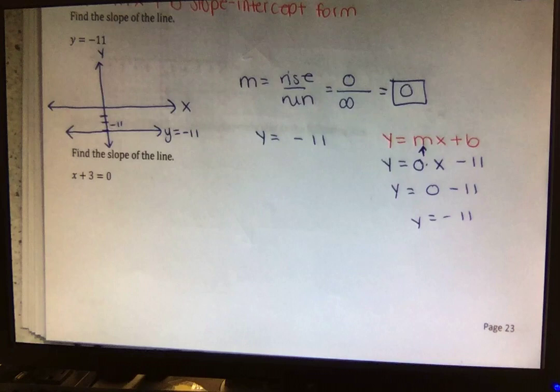Questions for me? Questions, comments, concerns for me? The one before this, when you answer it, should it be 0 or should it be 0, negative 11? It's just asking for the slope.